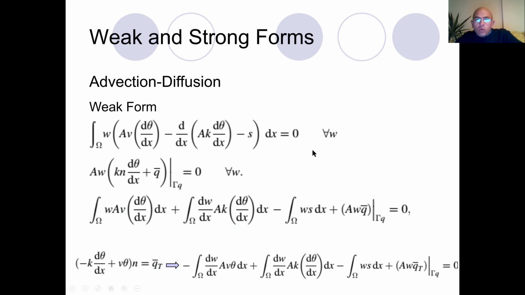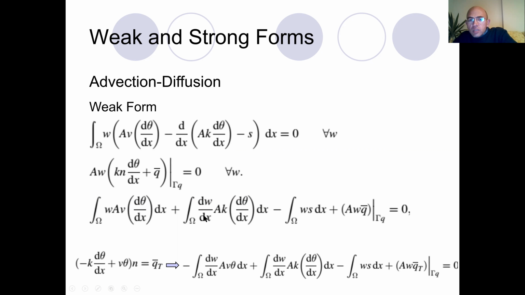So now, after obtaining the strong form for the advection diffusion equation, I can obtain the weak form for it. What I do is, first I weight the differential equation, which represents the problem on the domain. Of course, I weight the flux boundary as well. Again, W is the weight function, and it is 0 on the prescribed boundaries. So my first term is the integration of W A V d theta/dx over the domain omega.